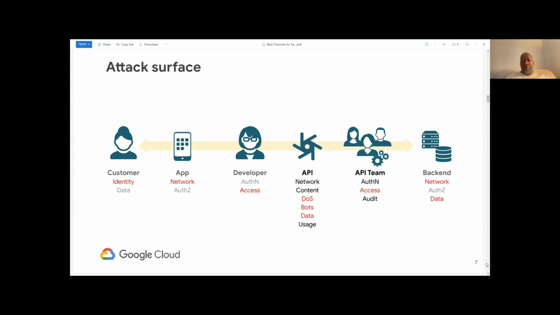You want to prevent essentially Bitcoin mining or other types of misuse of your corporate assets. It really depends. But the key thing is, best practice number one is to understand your system end to end, model out high level attack surfaces, and then address them from a priority standpoint.